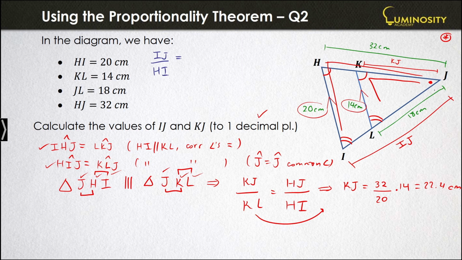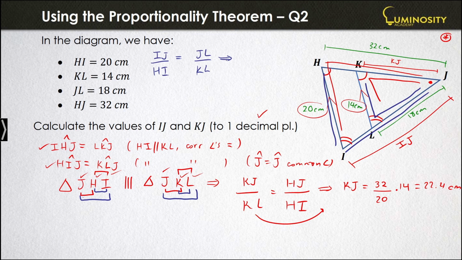So by the same proportionality, we have IJ, this big side, divided by HI. So in the same proportionality, we must have JL divided by KL. And again, here's IJ, this outside one, and here's HI. And then if we look here, there's JL, the outside one, and KL. Okay, so that makes sense.